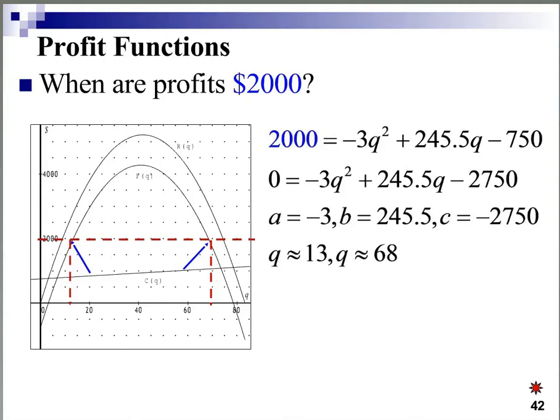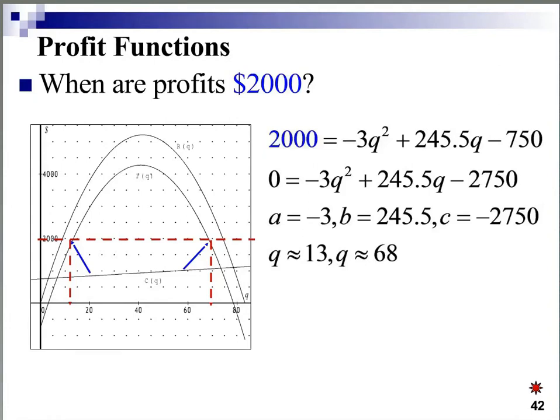If you look at the graph, you'll see red arrows that drop from the curve where the profit is equal to 2,000 down to the horizontal Q axis, and you'll see those correspond to the values Q equals 13 and Q equals 68. So there are 2 quantities where the profits will be $2,000.